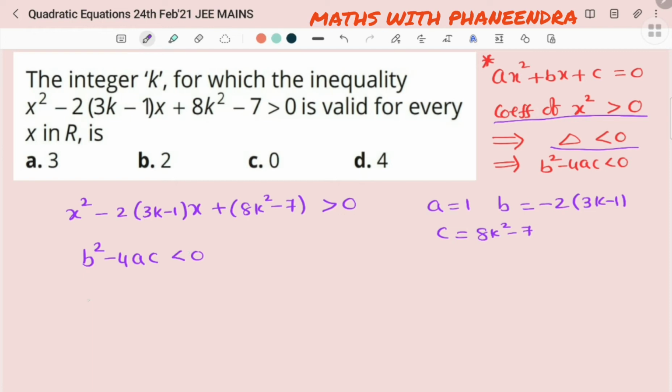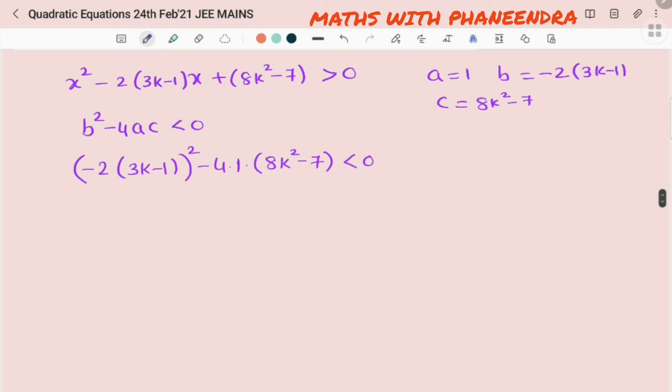b² − 4ac: (−2(3k − 1))² − 4 × 1 × (8k² − 7) is less than 0. So (−2)² is 4, times (3k − 1)², minus 4 times (8k² − 7), is less than 0. So we can take 4 common, and take it to this side.